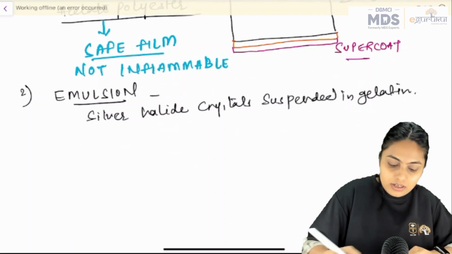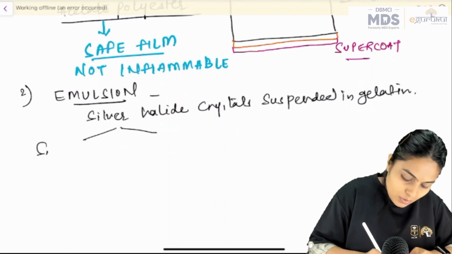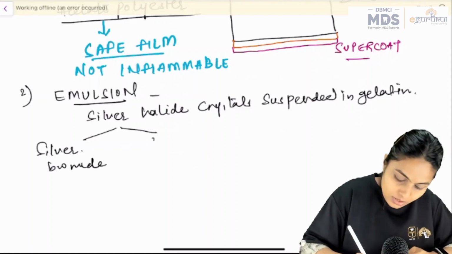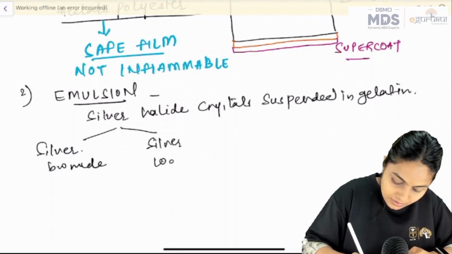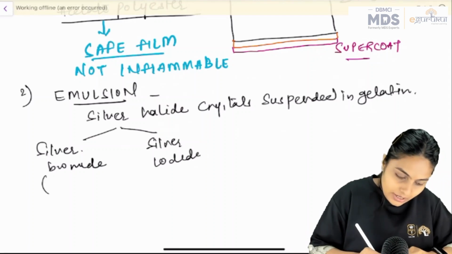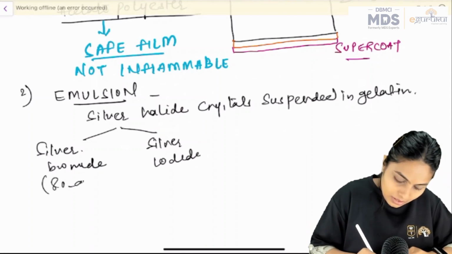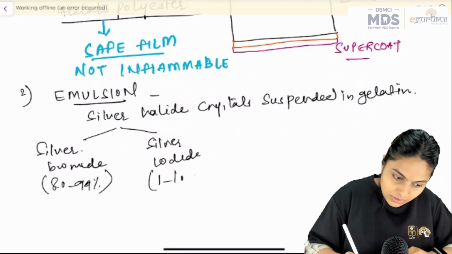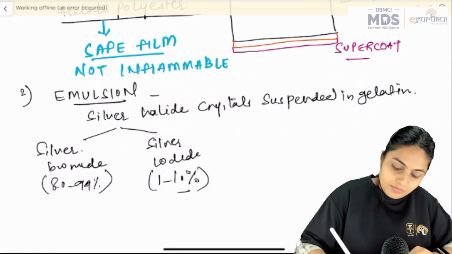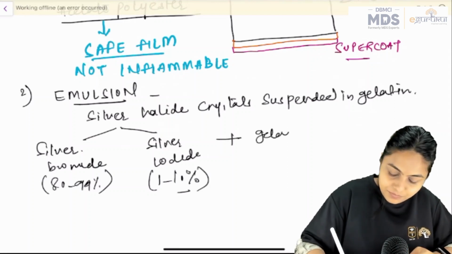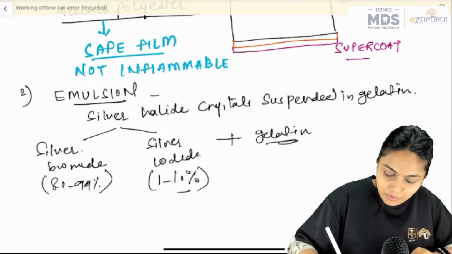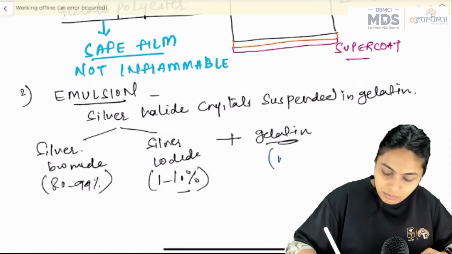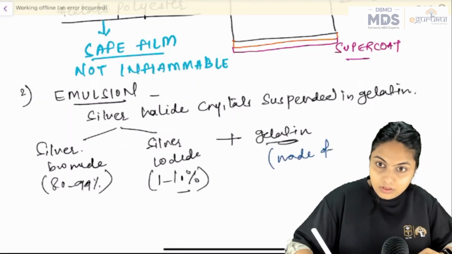Now silver halide crystals can be silver bromide or silver iodide. Silver bromide is 80 to 99% and silver iodide is 1 to 10%. Okay, and plus we have gelatin. Now this gelatin is made up of cattle bone.